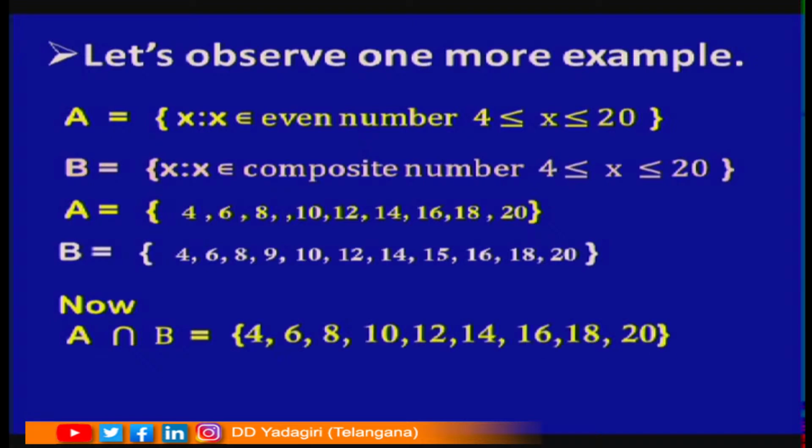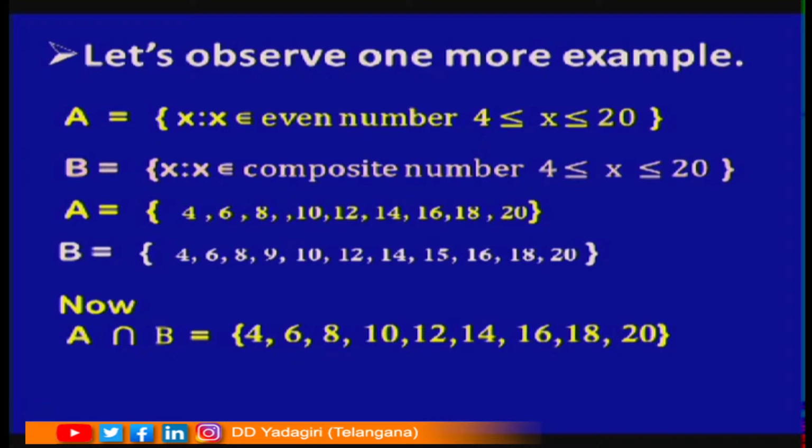Yes, now A intersection B. Let us find out the common elements. You see the common elements: 4, 6, 8, 10, 12. These are all the common elements of both sets, called the intersection of the sets.